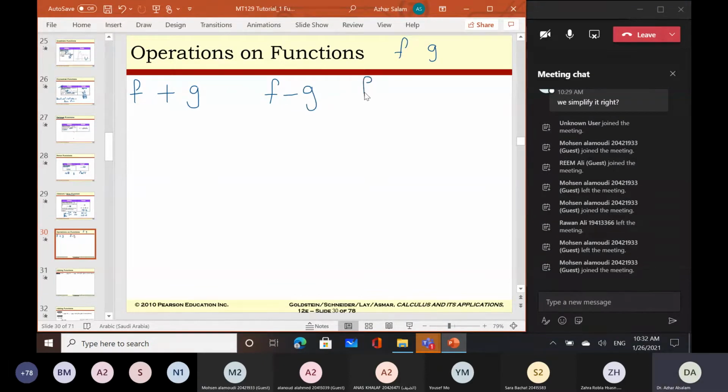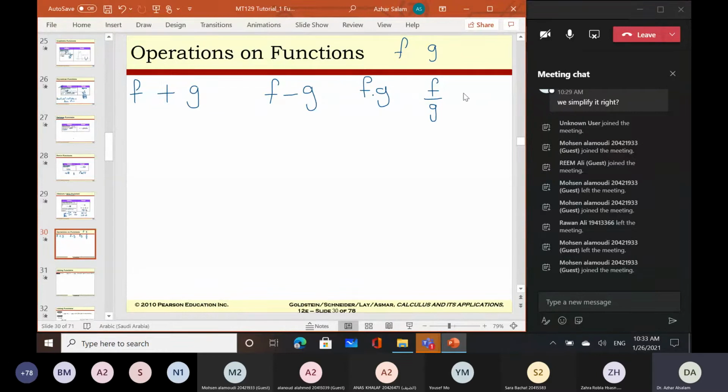Also, I will have the multiplication fg, I can write it like that, or f dot g. Also, I will have the division f over g, f divided by g.